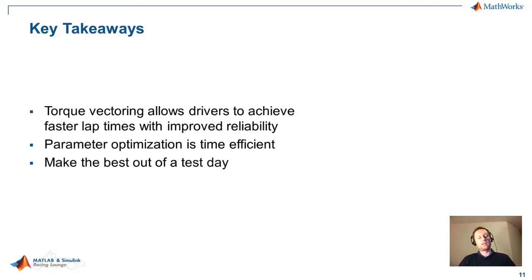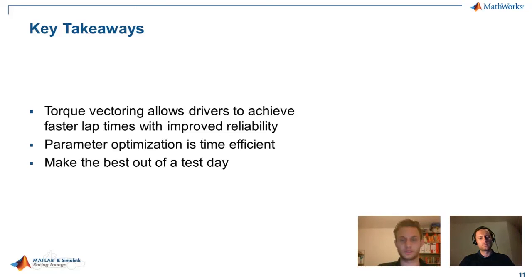So, and this leads to the question, so how much time did you save by using that approach? I think I cannot tell you a certain time which you will save if you use parameter optimization, but I can tell you my estimation.